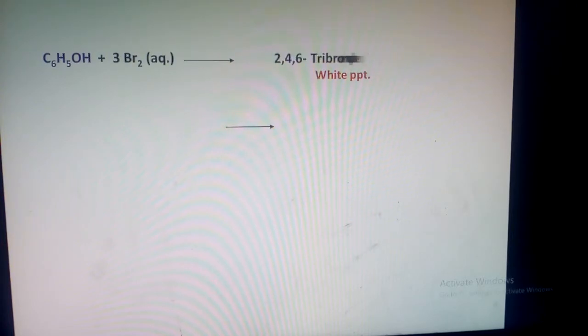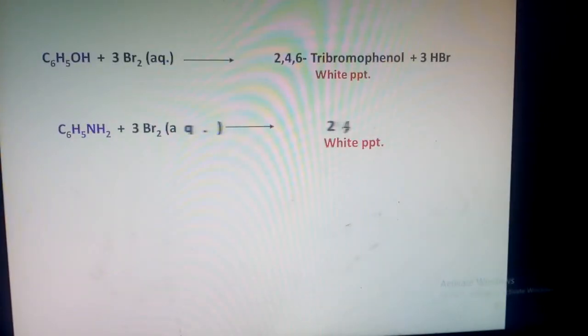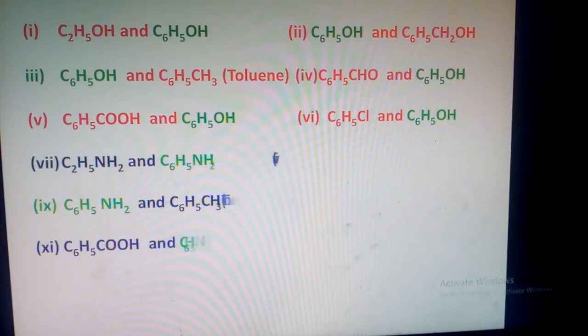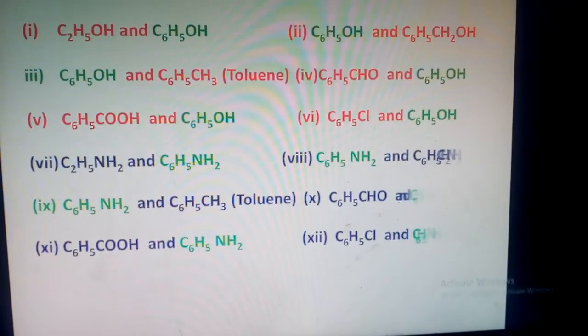The compound formed here may be 2,4,6-tribromophenol or 2,4,6-tribromoaniline, which is insoluble in water, so it gives a white PPT. So all aliphatic alcohols and aliphatic amines will not give white PPT, whereas aromatic alcohols and aromatic amines will give white PPT when we add bromine water dropwise.